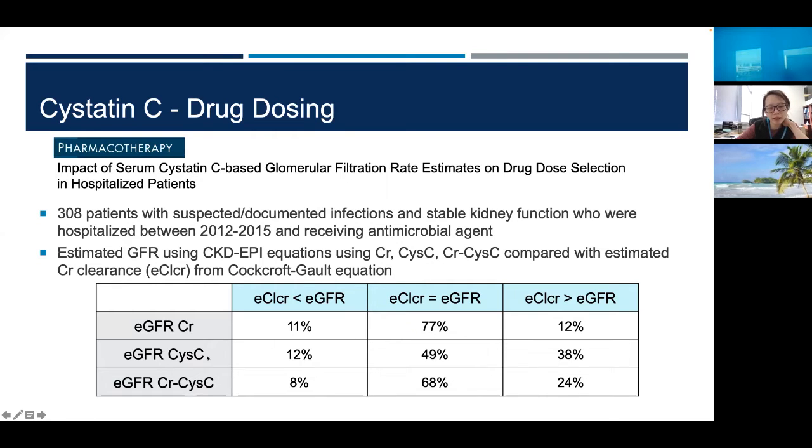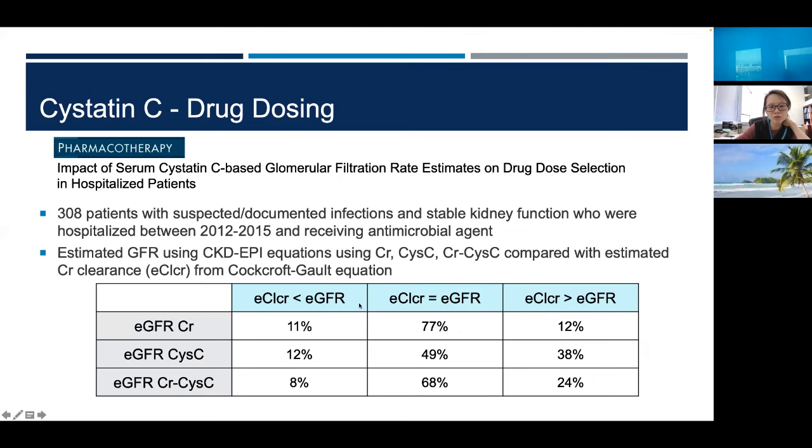You can see that, depending on which biomarker was used, the agreement between the creatinine clearance and the eGFR using the CKD-EPI equation ranges anywhere between 49 and 77%.